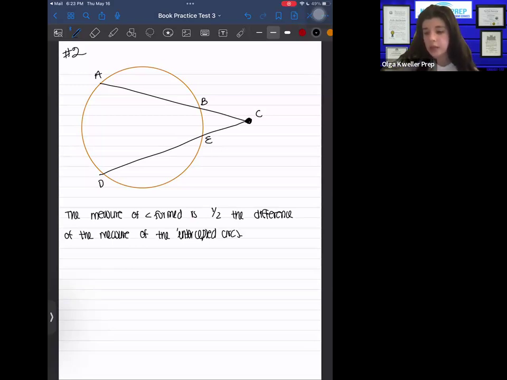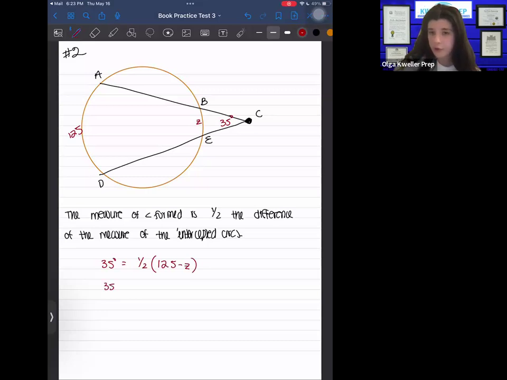This is our second theorem of the day with circles. So for example, if we call this 35 degrees, we call this 125, and they want to know Z, let's call that arc Z. The way that you would set this up is you would say, well, the angle, 35 degrees, is 1/2 the measure of the difference of the arcs. So 125 minus Z. And then we just solve.